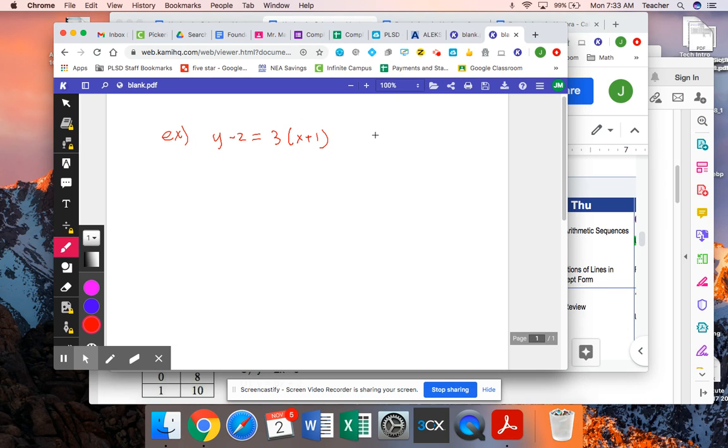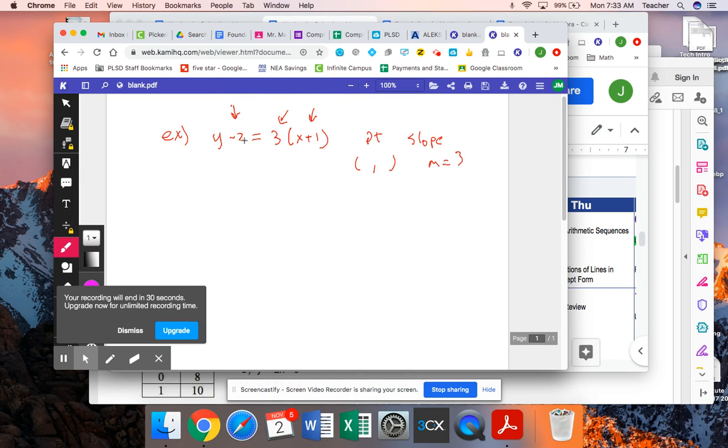Well, this is in point-slope form. The point here is given in this form, and you know the slope is given also. There's your slope, 3. Your point is the opposite of this thing, and the opposite of this thing. Because that's a negative 2, your y value would be 2. Because this is a positive 1, your x value would be negative 1.